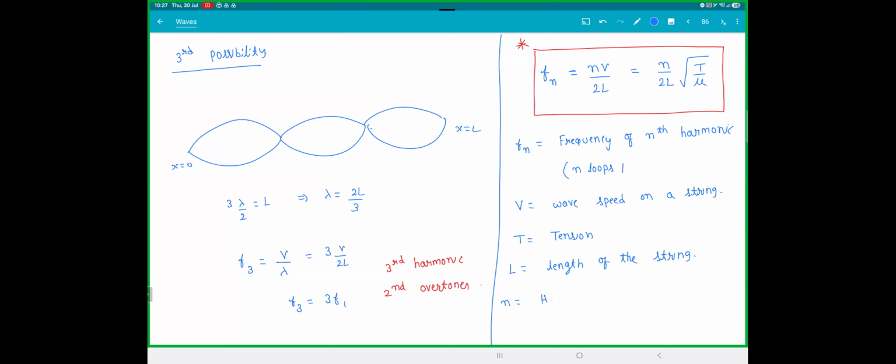N is the harmonics, or the number of loops. Now listen to this thing. So if I generate Fn, I get n loops, but I can do the reverse. If I generate n loops, I get frequency back. Does that make sense?